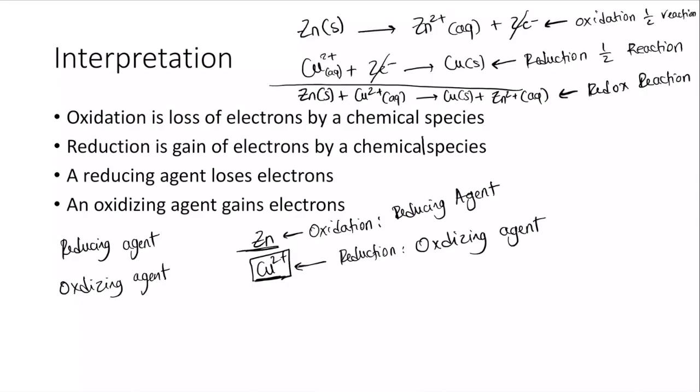It allows Cu2+ to take 2 electrons because Zn itself loses 2 electrons. It undergoes oxidation so that it allows Cu2+ to take 2 electrons, so we call it the reducing agent. I hope it's clear now. So Zn here reduces Cu2+, and Cu2+ here oxidizes Zn.